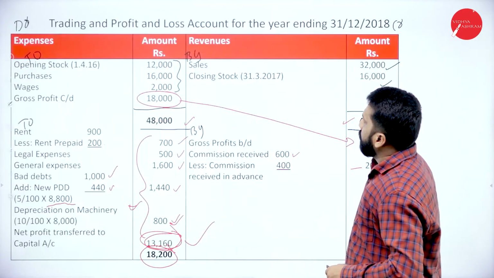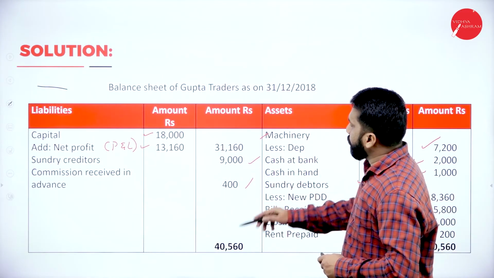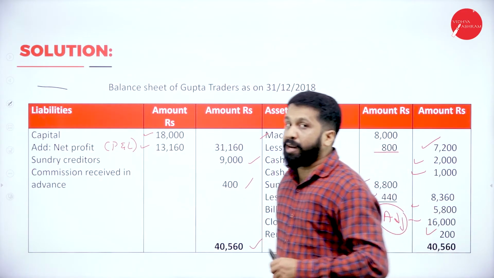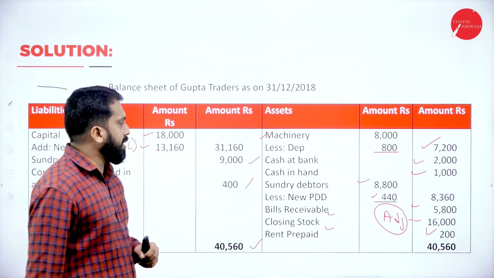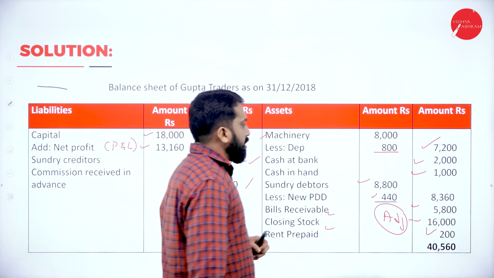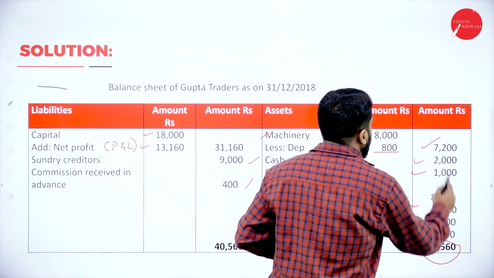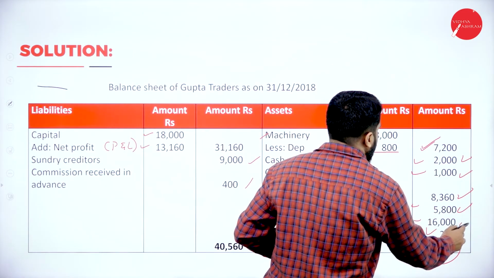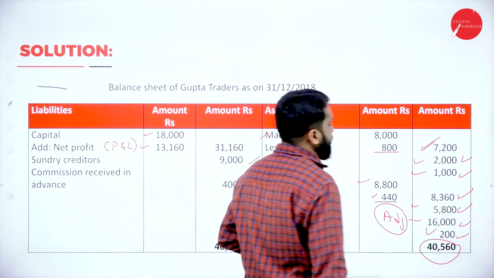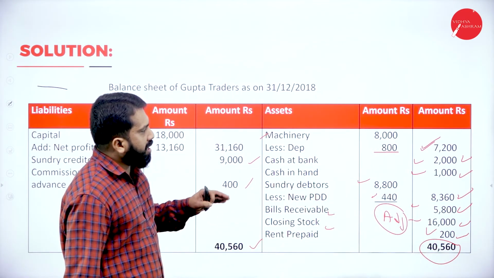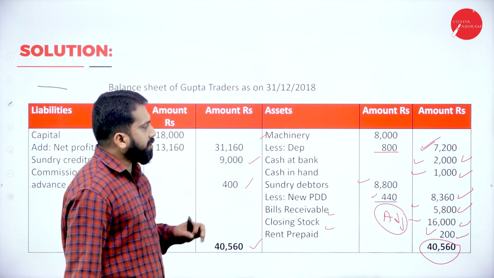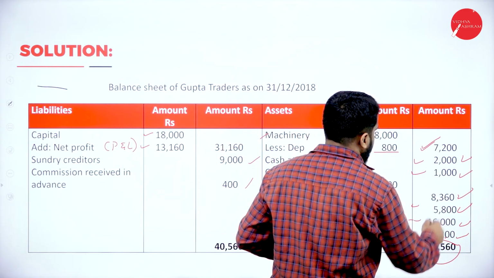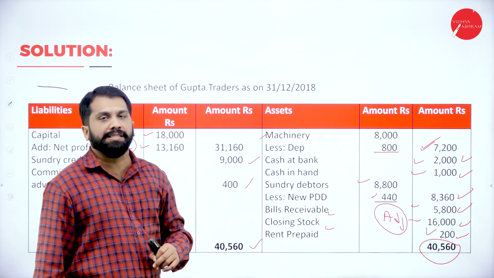Now, once we're done with this, we have the total 31 plus 9, 40,000 plus 400, 40,560. Similarly, your total is how much? If you total everything, 7,200 plus 2 plus 1 plus 8 plus 5 plus 16 plus 200 plus 360 and 800, the total comes to 40,560.